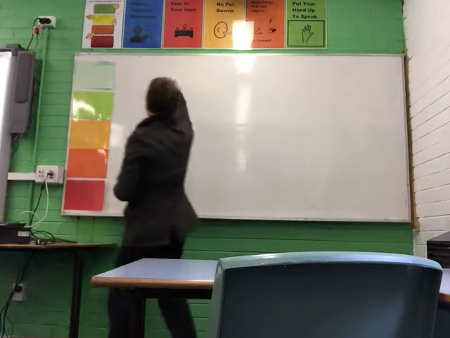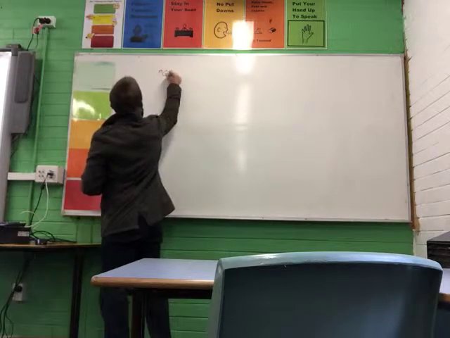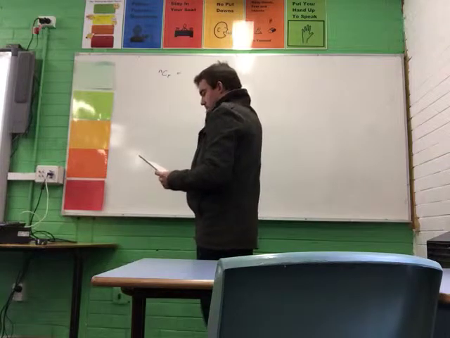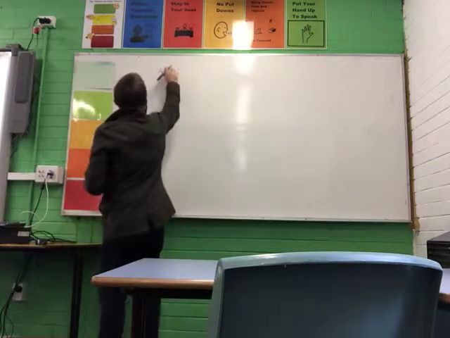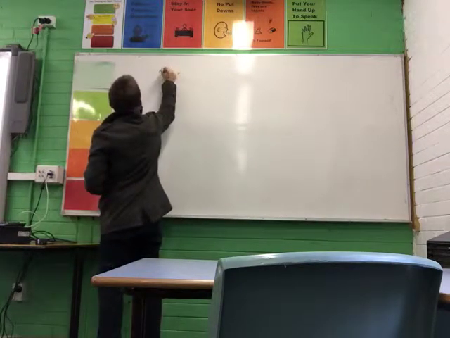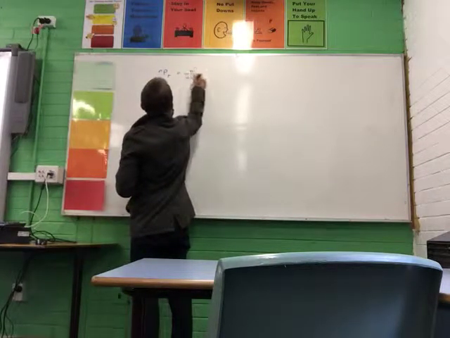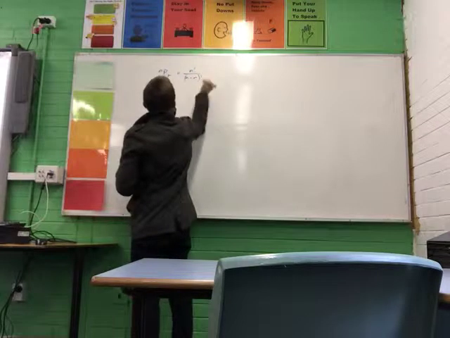So notation: nCr. That's really first from last lesson, nPr, which was n factorial over (n take away r) factorial.